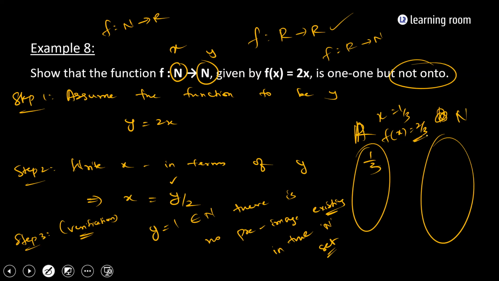Okay, so 2 by 3, what should it be? It should be a part of the codomain. But the codomain is the natural number set. In the natural number set, you will not find 2 by 3 at all. Means this 1 by 3 does not have any mapping, so it's not a function at all. Yes, sir. Okay, so this is how we need to concentrate, guys.